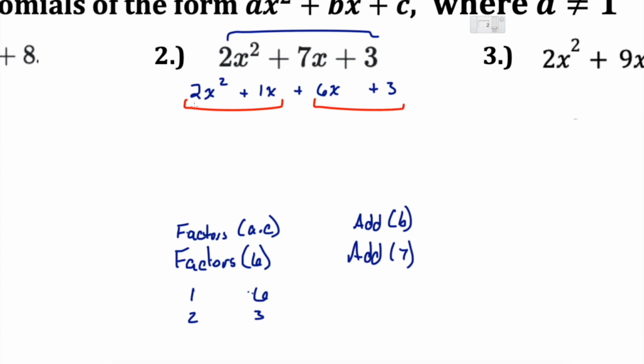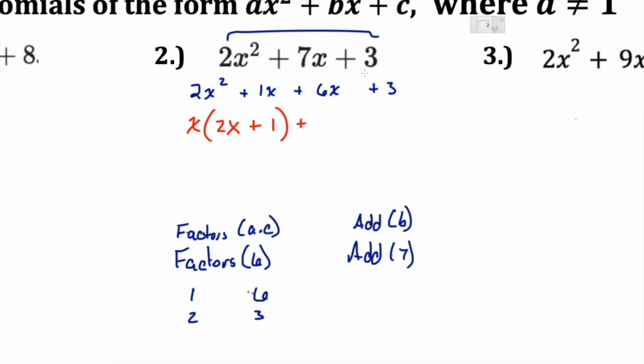So 2x squared and 1x: what is the greatest common factor? X is the greatest common factor. If I take x out of 2x squared, I get 2x, plus if I take an x out of 1x, I get 1. Okay, that's that one.